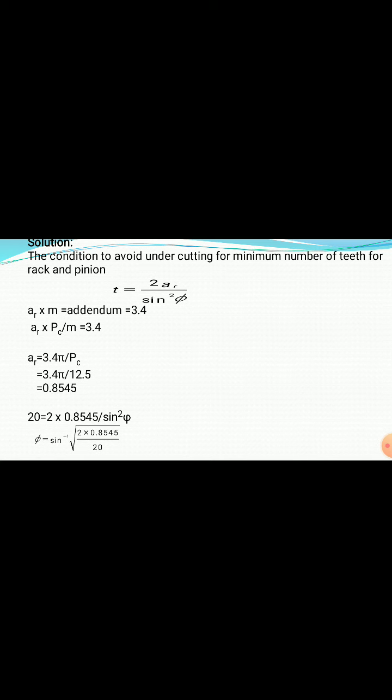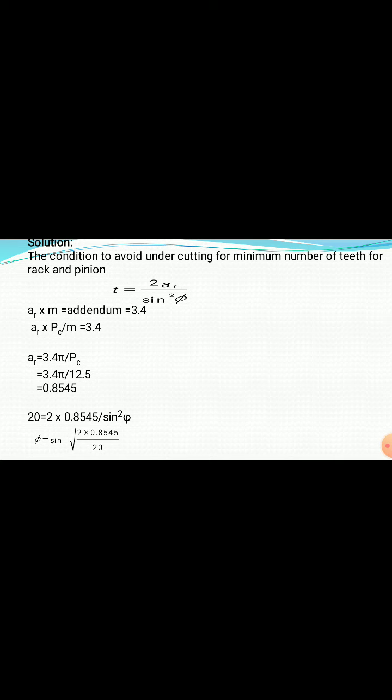Circular pitch PC is equal to pi into m, so m is equal to PC by pi. So the module is given indirectly in terms of circular pitch, PC divided by pi. Instead of m we put PC divided by pi. Now this equation becomes AR into PC divided by pi. Here there is a printing mistake: instead of m, there should be pi. AR into PC divided by pi is equal to 3.4.